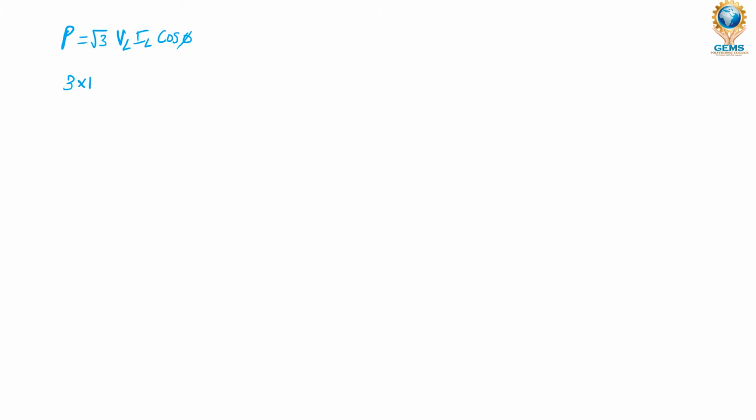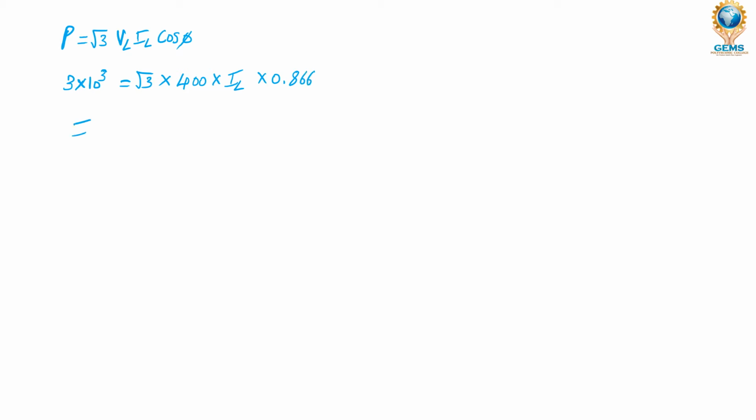Kilo means 3 into 10 cube, 10 to the power 3, equals root 3 into line voltage. Wherever he directly gives a voltage like this in the data, it means it is line voltage. 400 into IL, which is not known, cos phi power factor is 0.866, which he has already given in the given data.